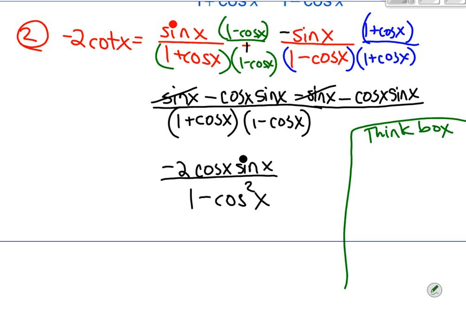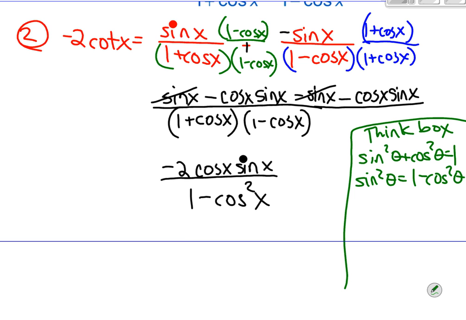Just read it to me. Here's what I need of those three. Which one? Okay, and then to get 1 minus cosine squared, I'm going to subtract that. So sine squared theta equals 1 minus cosine squared theta.